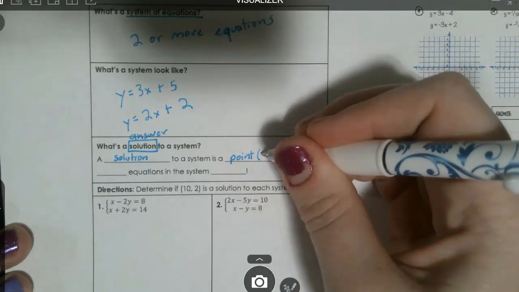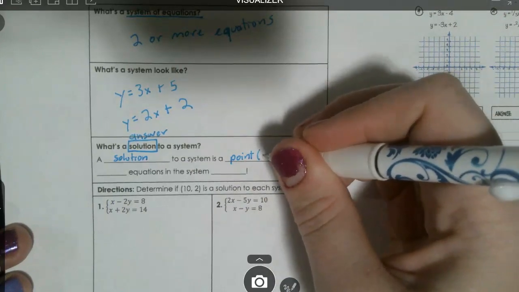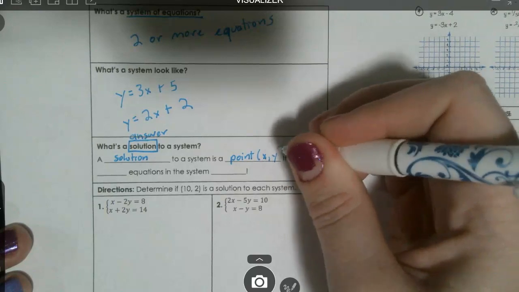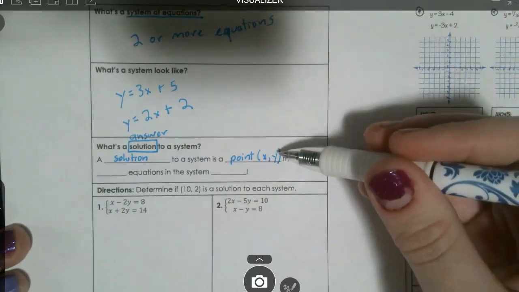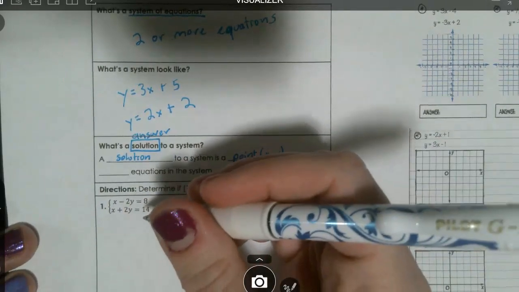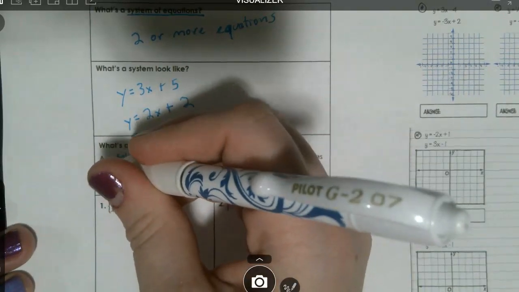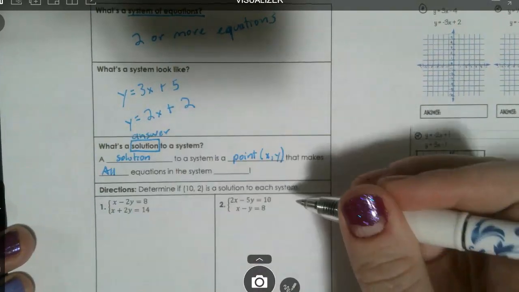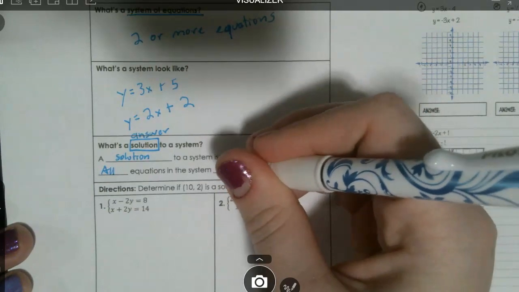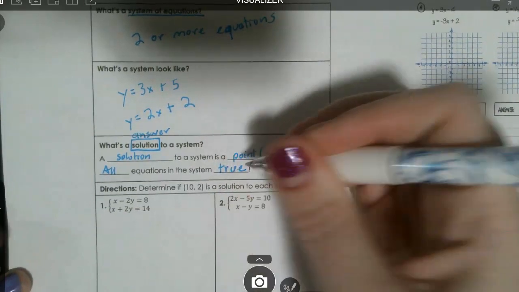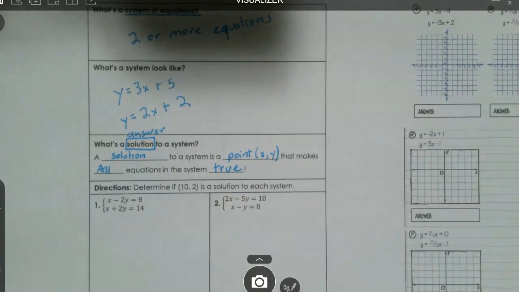Meaning a coordinate point on a graph, right, where there's an x and there's a y. So this is a point on the graph that makes all of the equations true. Okay, it can't make just one of them true. It has to make all of them true.